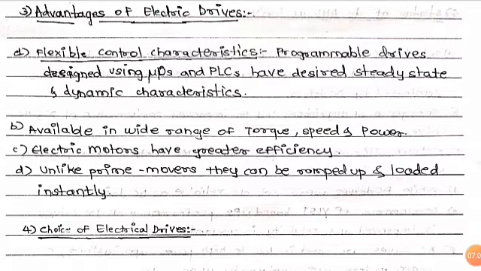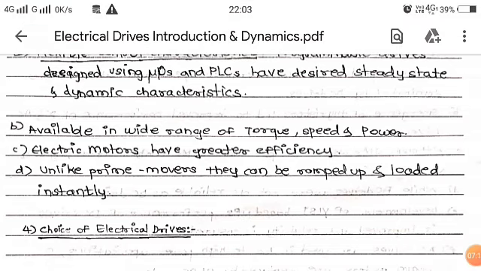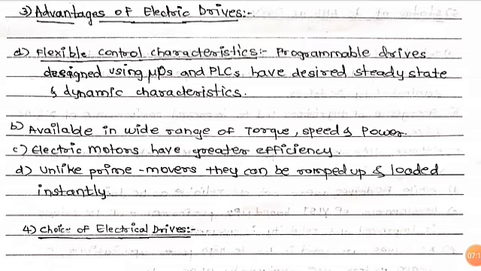They require some time to start. Even IC engines require some time to start, isn't it? Suppose you have a bike or car, you need to first declutch it, start it, and then you can load it. You cannot instantly load it, otherwise the engine will fail to run.